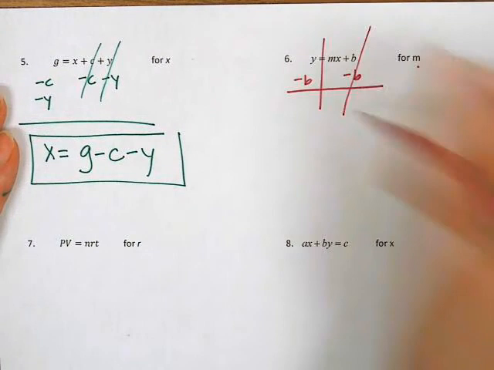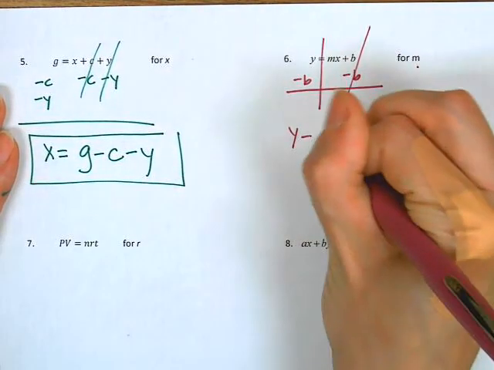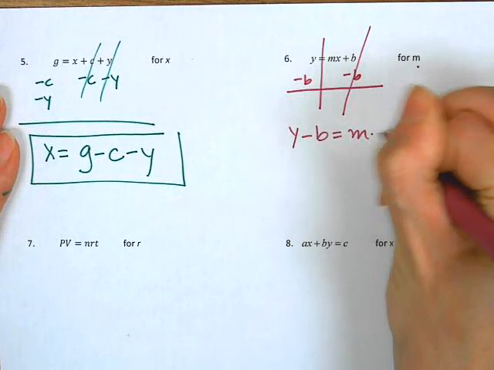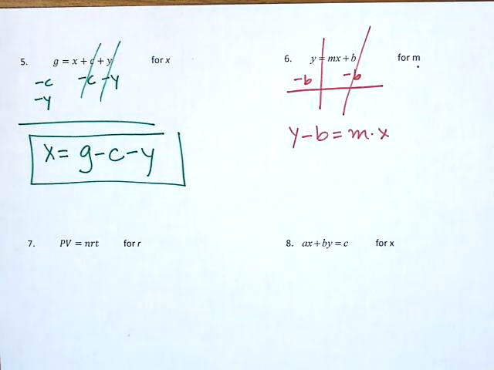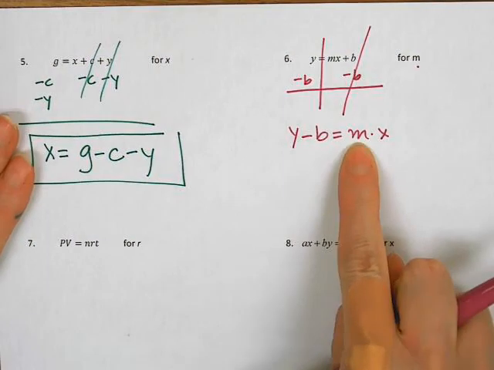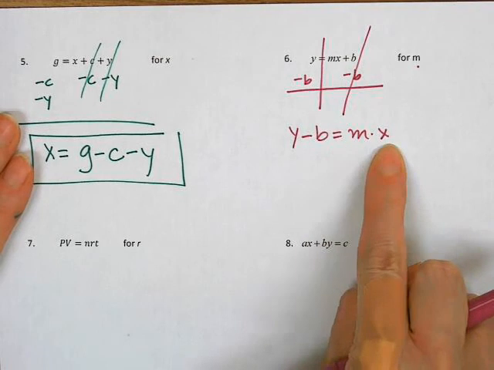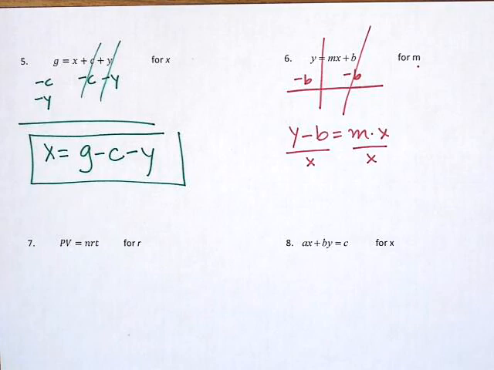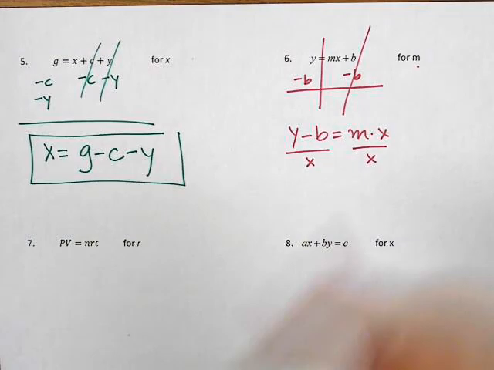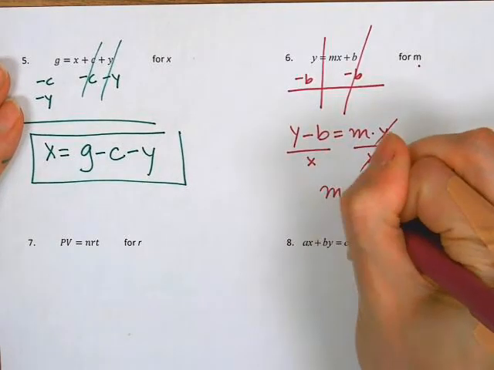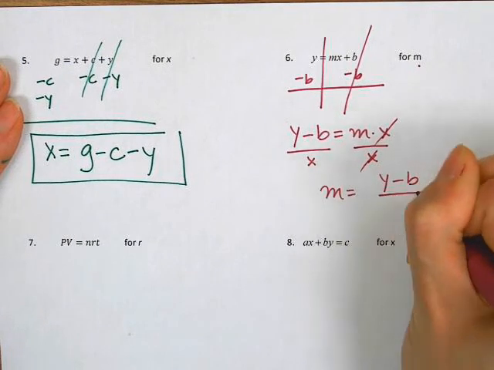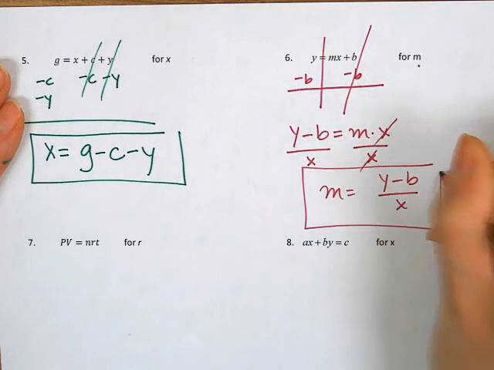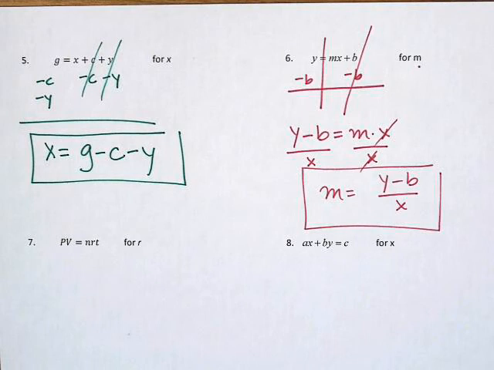Okay, so these would cancel, and it would be y minus b equals m times x. And now, if you're trying to get m alone, now is when you would divide both sides by x. And then these cancel, so m would be y minus b all divided by x. We're trying to get m alone.